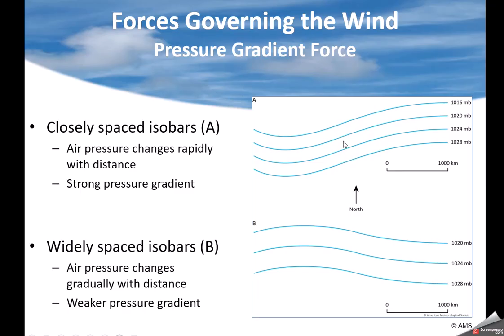And because these isobars are closer together, think of it as an increasing slope, if you will, to the air. Air is going to want to go tumbling down that slope faster and faster. So the more isobars over a shorter distance, the stronger the pressure gradient, the stronger the wind is going to be. The further apart they are, the lighter that wind will be.